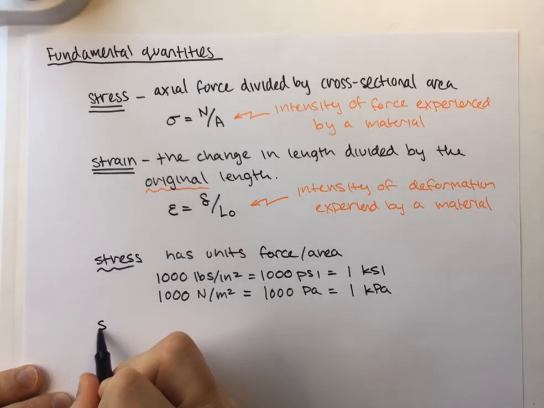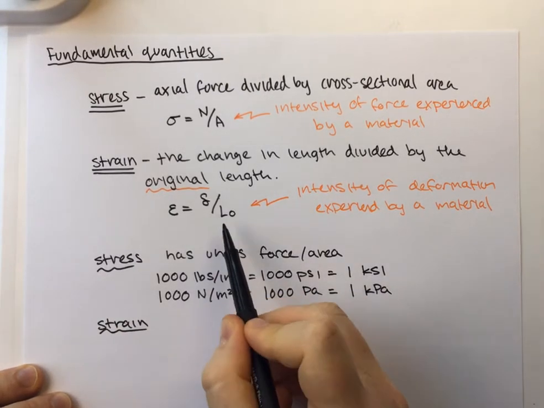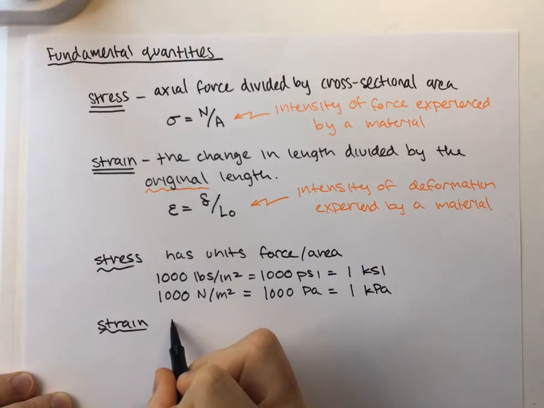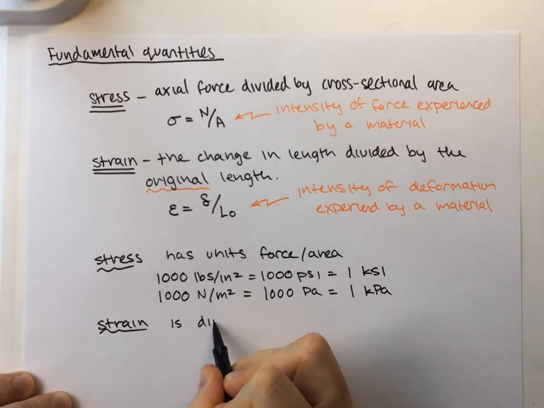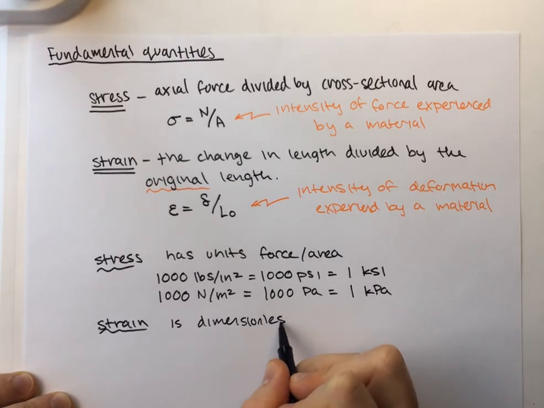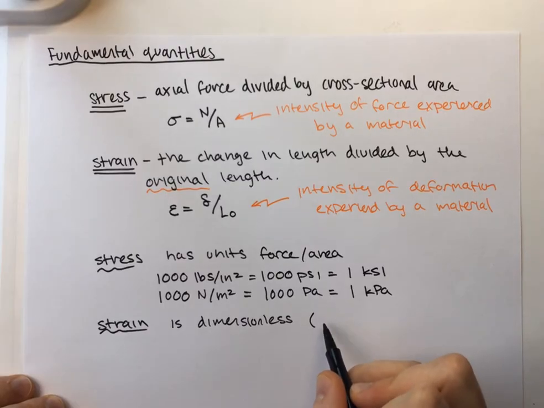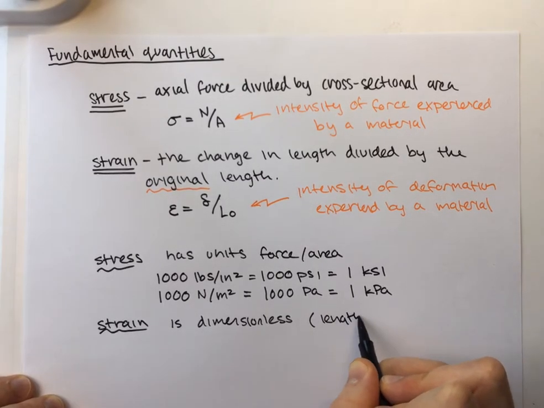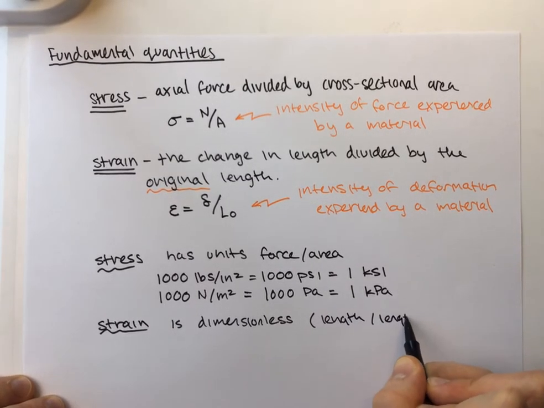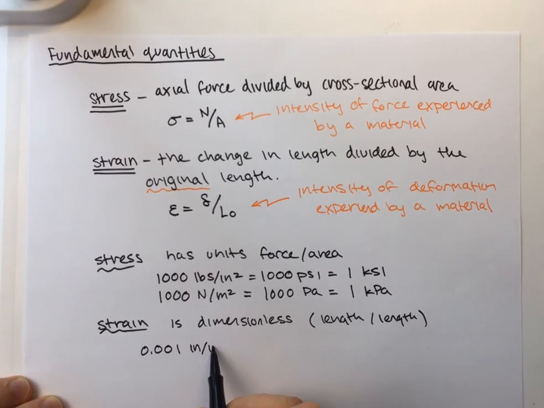The next fundamental quantity here is strain. So you can see that strain is a deformation divided by a length. And so strain ends up being dimensionless. But to make sure that we are all clear on what we're talking about, a lot of times we will include the units. So we would do so in a length per length. And so we would have a unit that would look something like this. So 0.001 inches per inch.